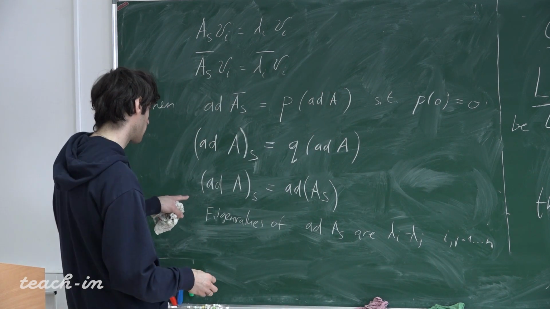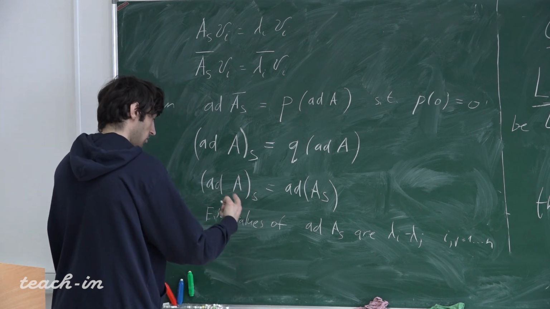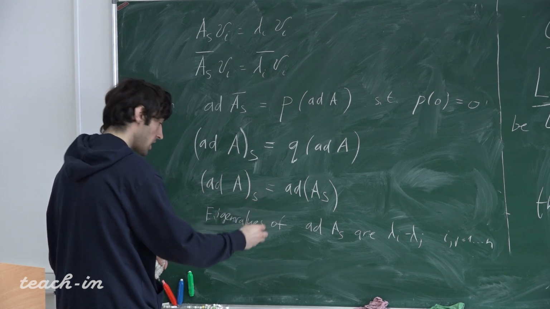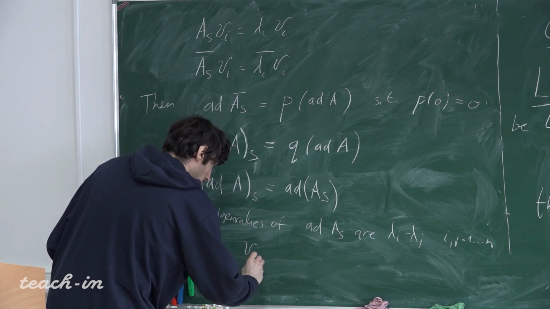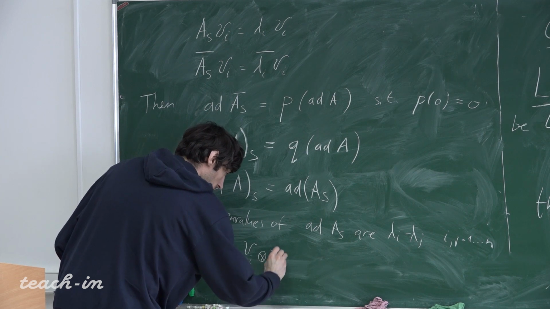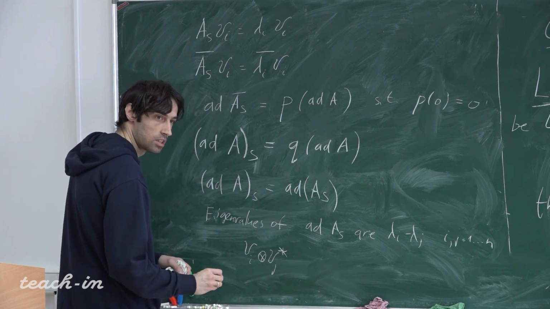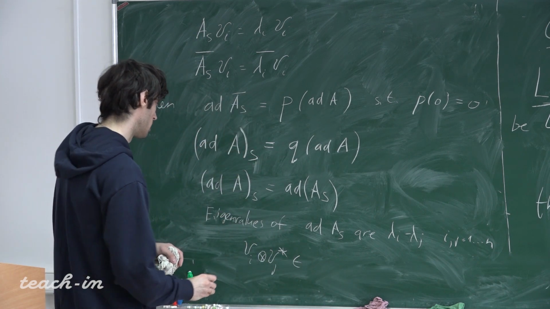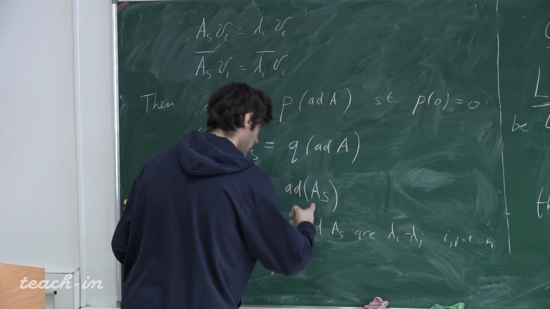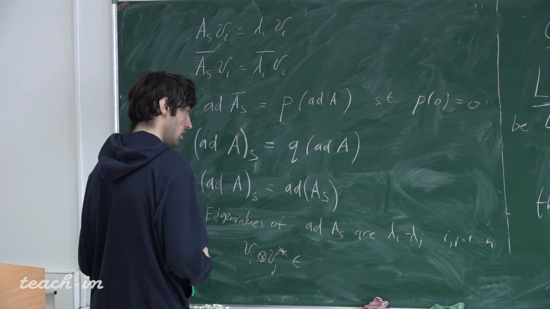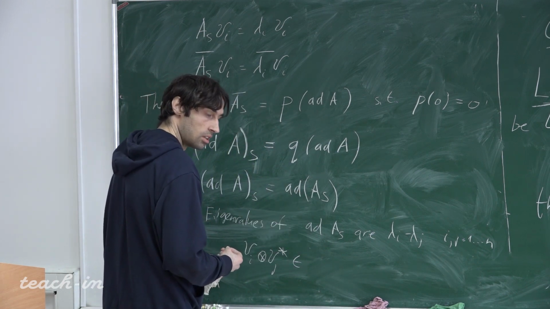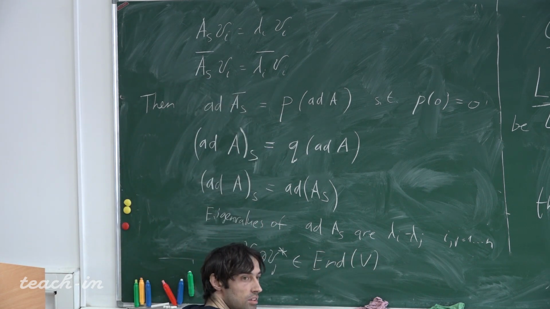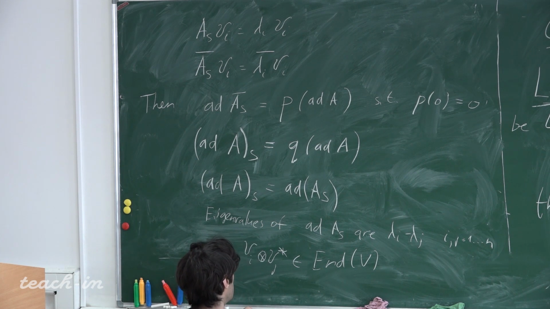This is because if I have an eigenvector vi for A and vj, I can form vi tensor vj star. This is an element in End V, if this is a linear operator on V.